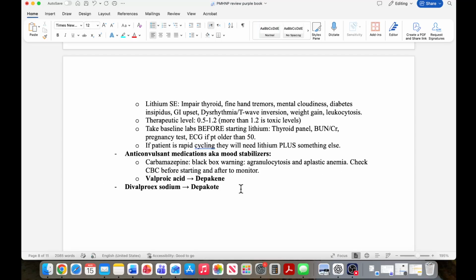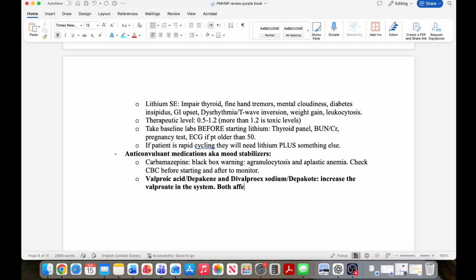The brand name of it is Depakene, and divalproex sodium, the fancy name, I mean, the brand name is Depakote. Okay, I'm going to put them together because although they're two different medications, they behave the same. Okay, they increase the valproate in the system.